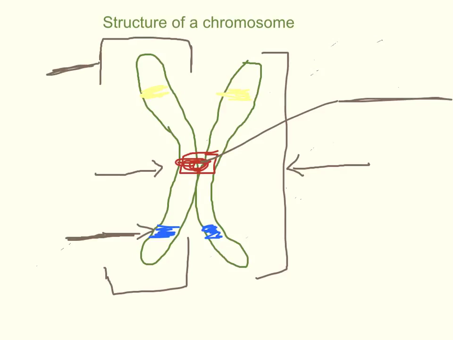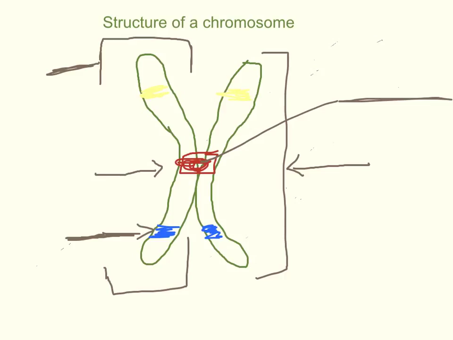Okay, and then I wanted to know about the center that joins the two halves, and segments along a chromosome, and then I just gave away that term of what it's called, the entire thing. Okay, so now after you've paused and drawn this structure for yourself, let's do some labeling.